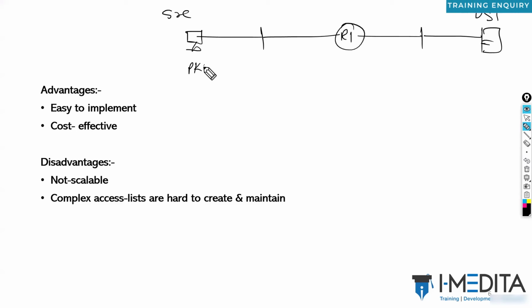That packet will go to the router. At this interface traffic will be in, at this interface traffic will be out. So in either direction, in or out, we can deploy ACL, access control list. But which traffic do we have to allow here?